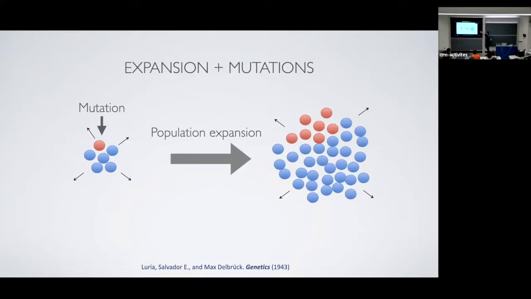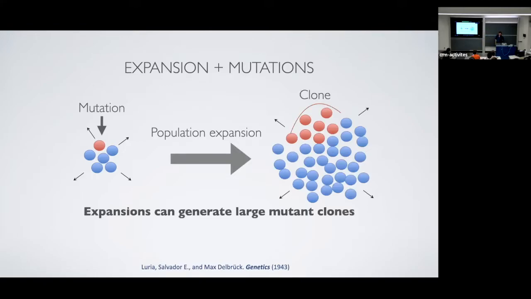Then also this mutant population will expand and form a large clone or family, however we want to call it. And he called those events jackpot events. And so he passed this insight on to Max Delbrück, who then mathematized this insight.